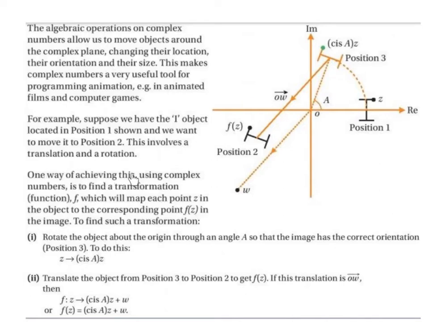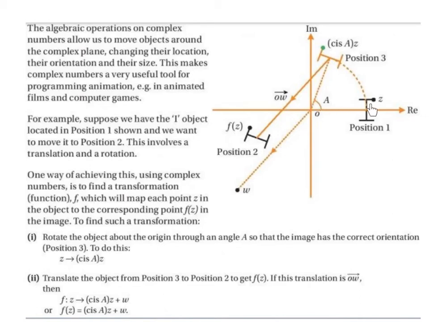One way of achieving this, using complex numbers, is to find a transformation, or function f, which will map each point z in the object to the corresponding point f of z in the image. So this is the point z, and this is the point f of z. To find such a transformation, part 1, rotate the object about the origin through an angle A so that the image has the correct orientation, which is basically position 3.